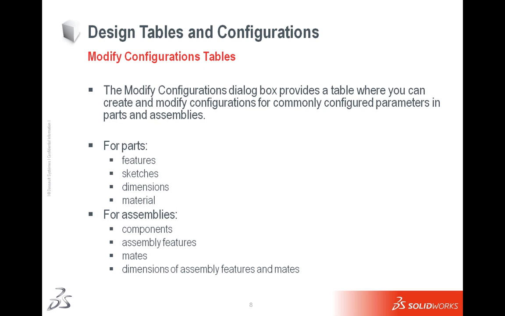For parts, we can use the Modify Configurations dialog for features, sketches, dimensions, and material, and that's it. In assemblies, we can do it for components, assembly features, mates, and dimensions of assembly features and mates. So dimensions related to mates or assembly features.